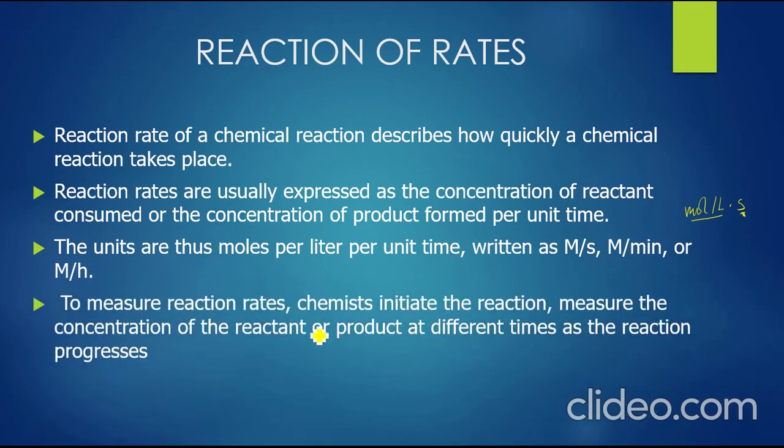So this is what I'm talking about. For you to measure the reaction rates, you need some chemists. Chemists should initiate the reaction. After that, chemists should measure the concentration of the reactant or product at different times as the reaction progresses.